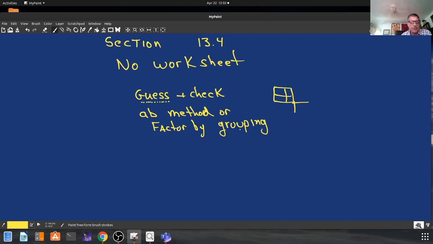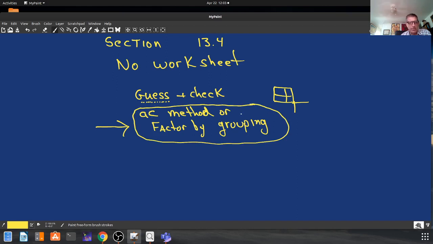So what I've done for your homework for section 13.4, it's not the A-B method, it's the AC method, sorry, the AC method. What 13.4 actually does is really teaches you the AC method, which uses factoring by grouping.